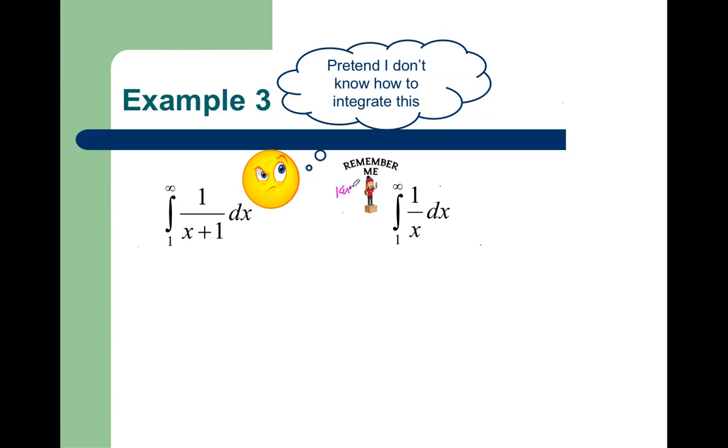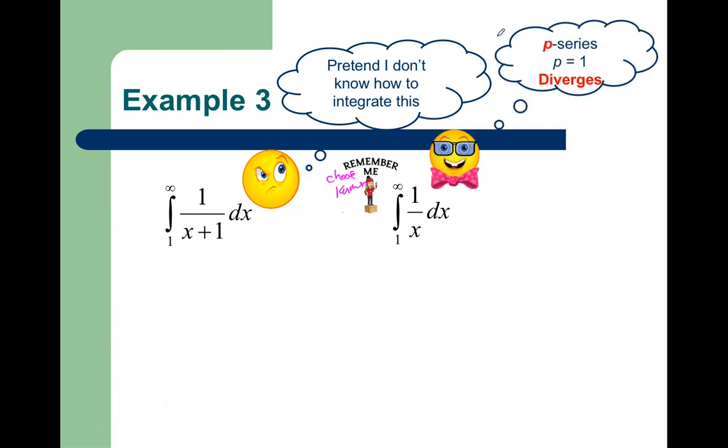So here's what I know. Here's my known choice. Choose your known. Tell me what you know about your choice. It's a P series, P is equal to 1. Therefore, it diverges. They look enough alike.